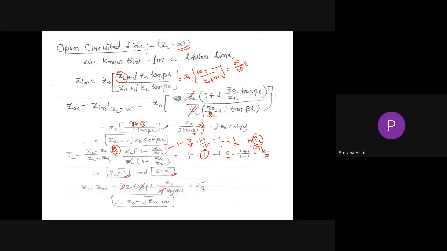Therefore, Z naught is equal to square root of ZOC into ZSC. Therefore, the characteristic impedance Z naught is defined in terms of open circuit impedance and short circuit impedance under square root.